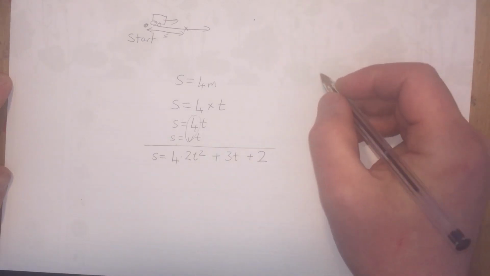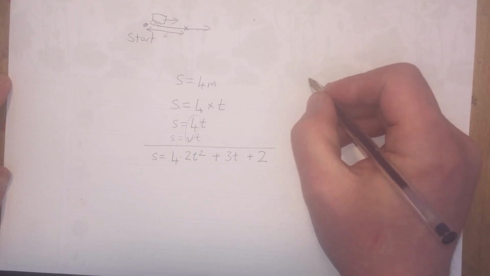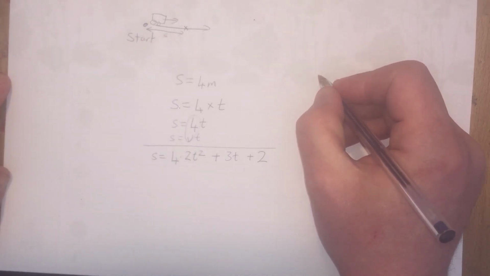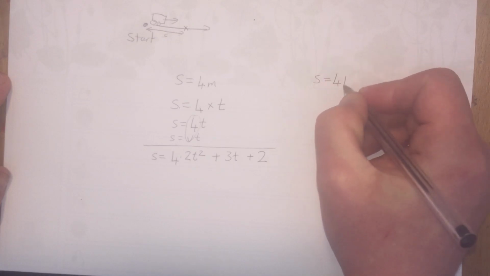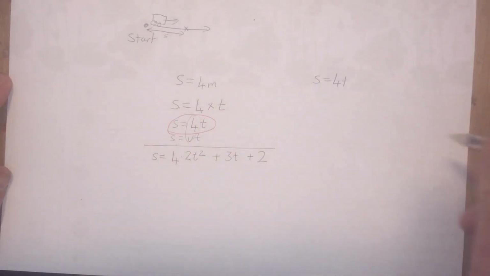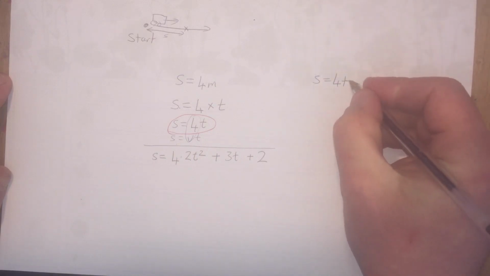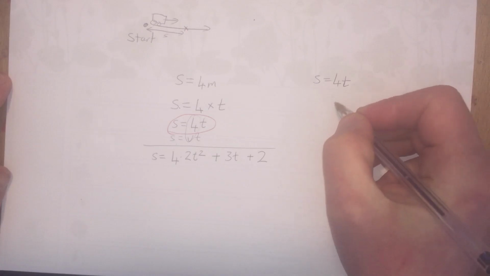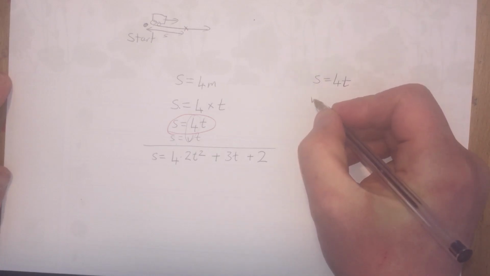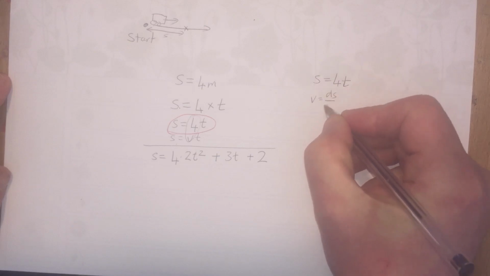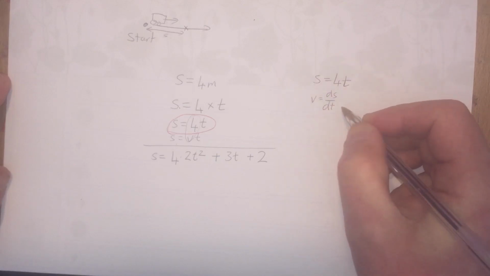So let's start off with something a little bit simpler at the beginning. Let's just start off with imagining that we've got S equals 4t again, similar to what we had back here. So if S equals 4t, then how would we go from this to finding out the speed? Well, you've got to remember that the speed is basically ds by dt, if you remember that from the previous lessons.